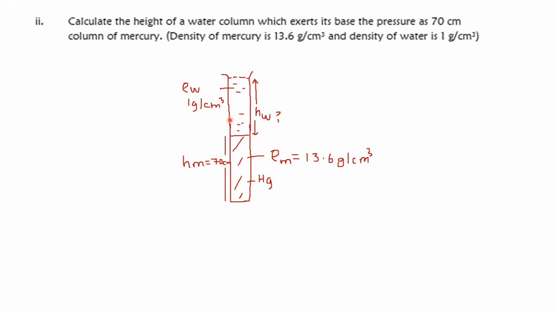The density of water is 1 gram per cubic centimeter, and the height of the mercury column is 70 centimeters, while its density is 13.6. This is the only data we have. So we are asked to find hw.